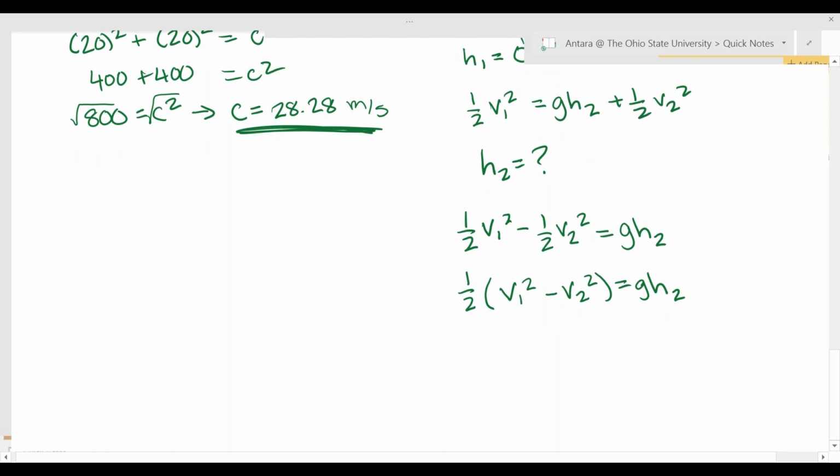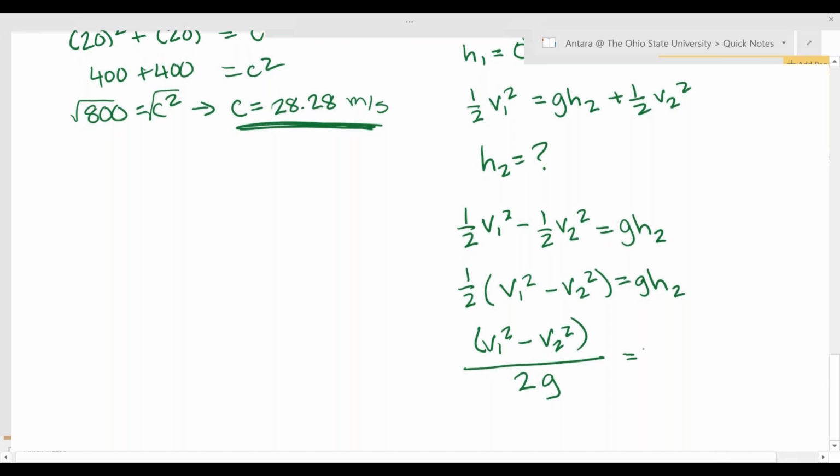Then all we have to do is divide by g. So it's going to be, I'm going to bring this v1 squared minus v2 squared and put it on top of that fraction and do 2g.